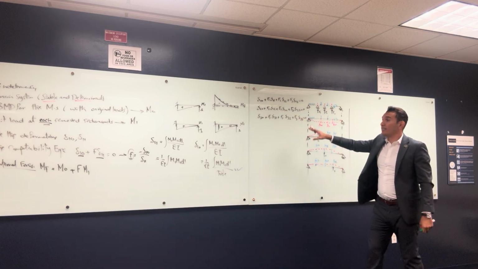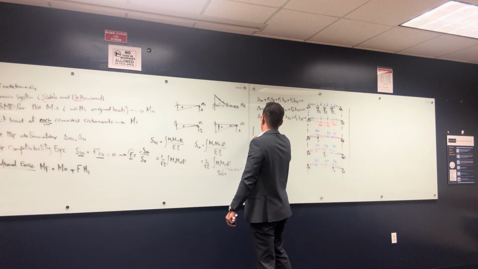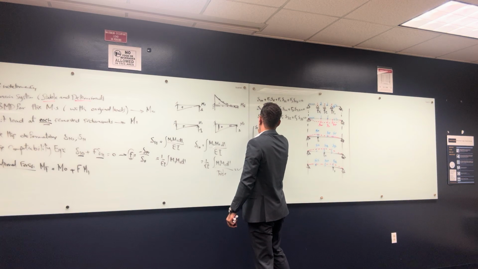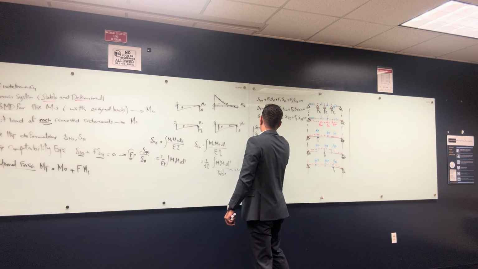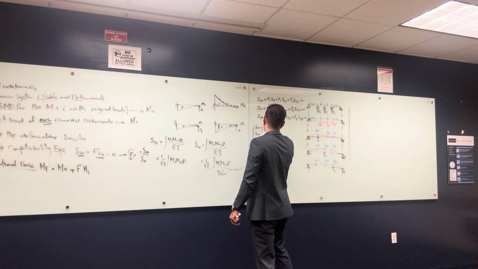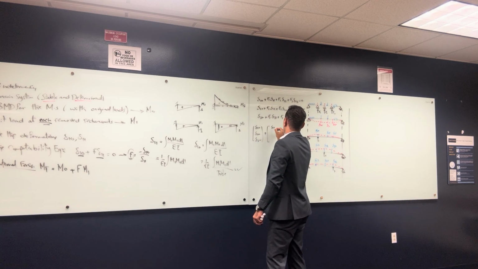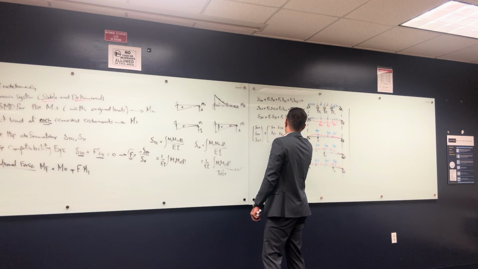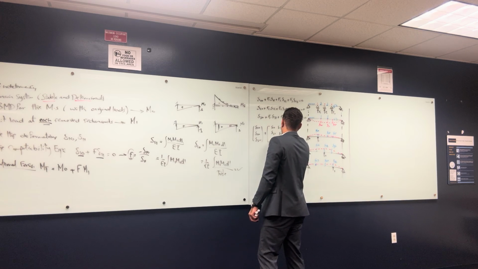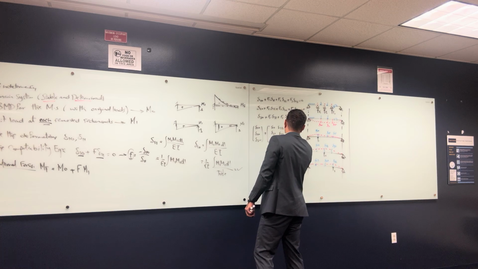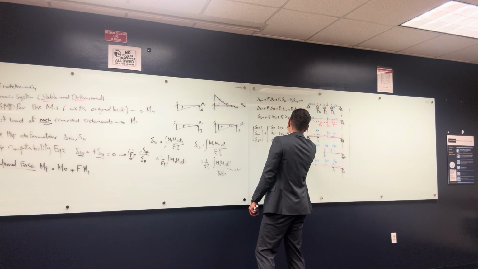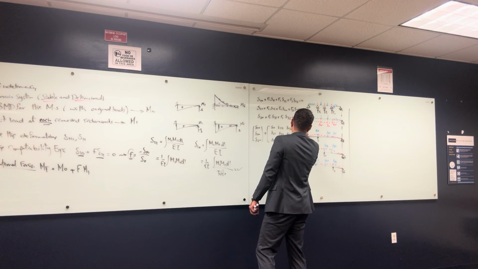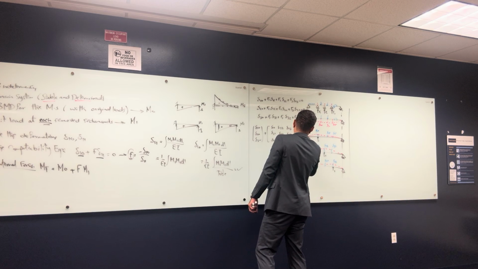We can put this at the end in a vector format, like you can put this like this: delta 10, delta 20, delta 30, plus a matrix, and all of this is equal to 0.